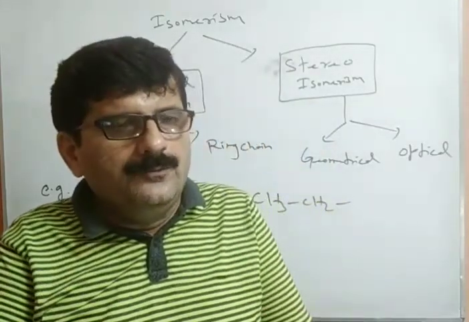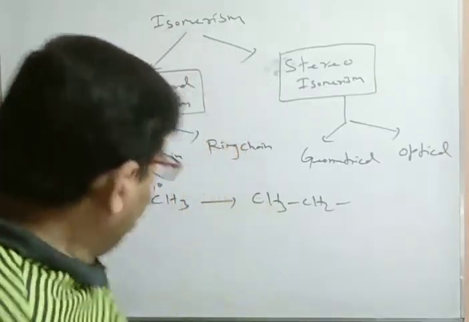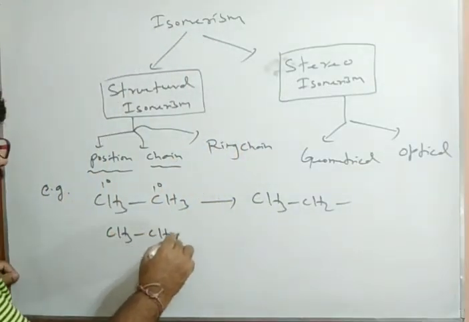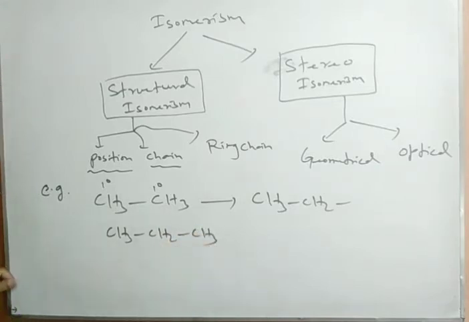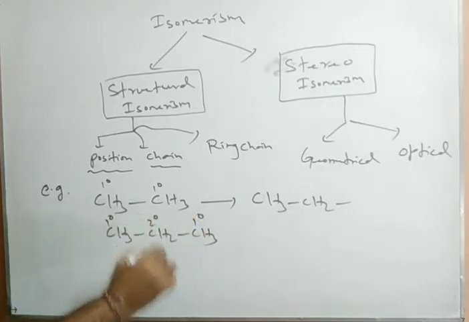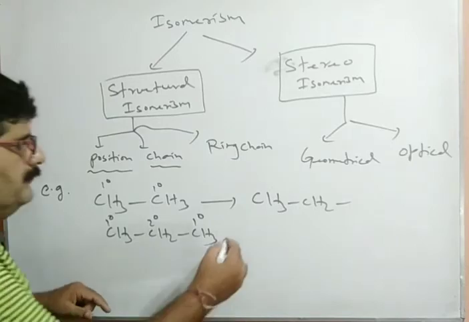An alkyl group linked with halogen produces what? Haloalkane. Similarly, if we consider propane, this carbon is 1 degree, this one again 1 degree, here 2 degree. So two patterns of alkyl group can form.